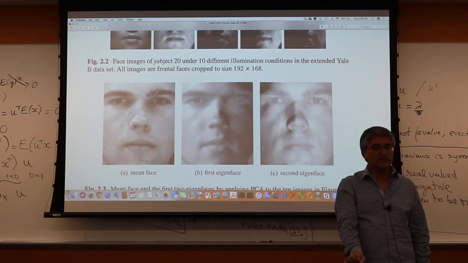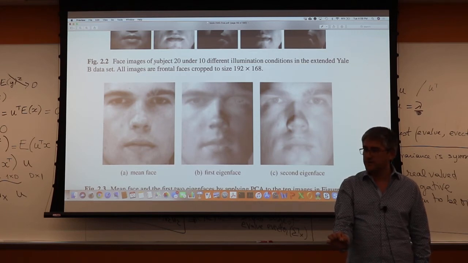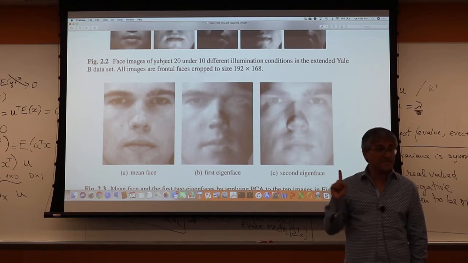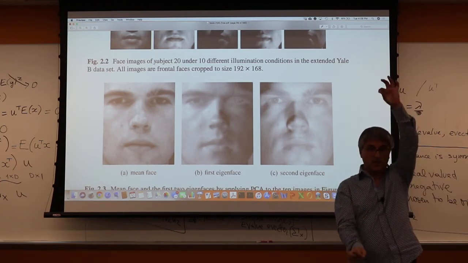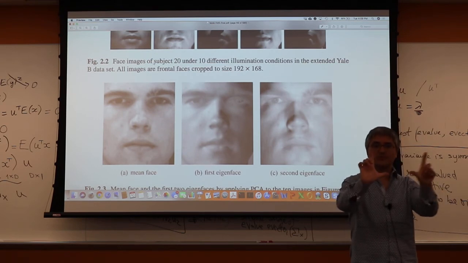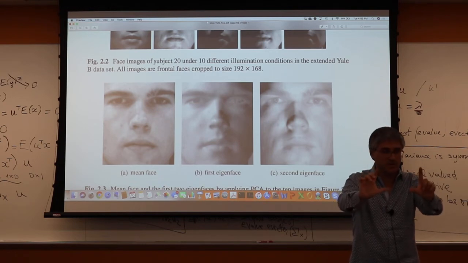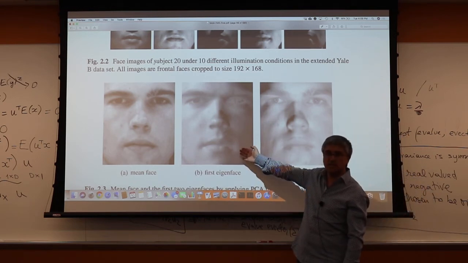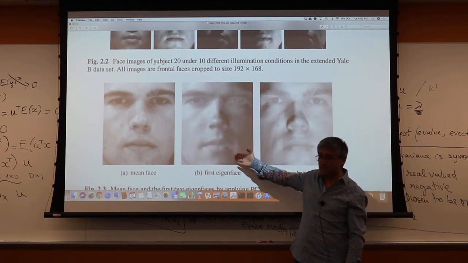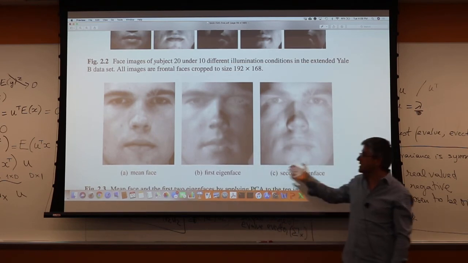So the covariance matrix is going to be 1,000 by 1,000. Agree? So the eigenvectors of that matrix, what dimension are they going to have? 1,000. So the first eigenvector, the U1, has 1,000 dimensions, a long vector. But then I reshape it into a matrix again so that it looks like an image. And then I plot it. That's what's in here. So that's nothing but U1, and that's nothing but U2.